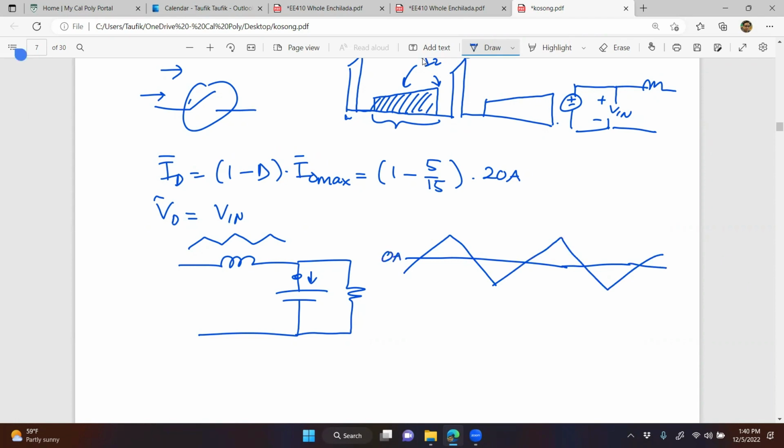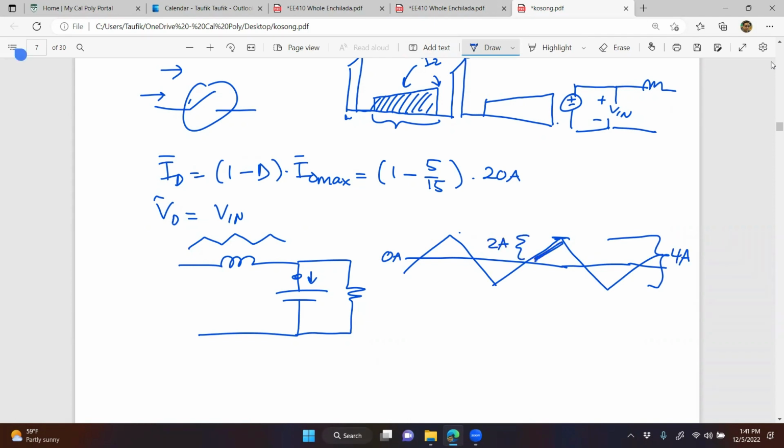So that's 0 amps, and what is this right here, from here to here? What is delta IL? We found it earlier. Isn't it 4? That's correct. Delta IL was found to be 4 amps earlier. So from here to here is 2 amps, right?